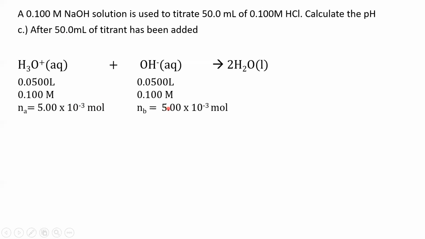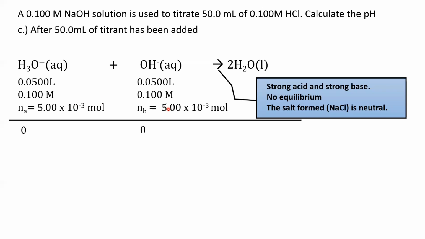We're at the equivalence point, or the stoichiometric equivalence point. That means we don't have any hydronium ion and we don't have any hydroxide ion from the hydrochloric acid and the sodium hydroxide left in the container. But what we do have is water.